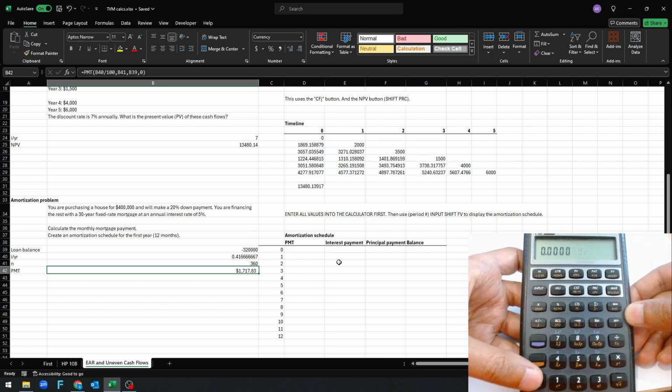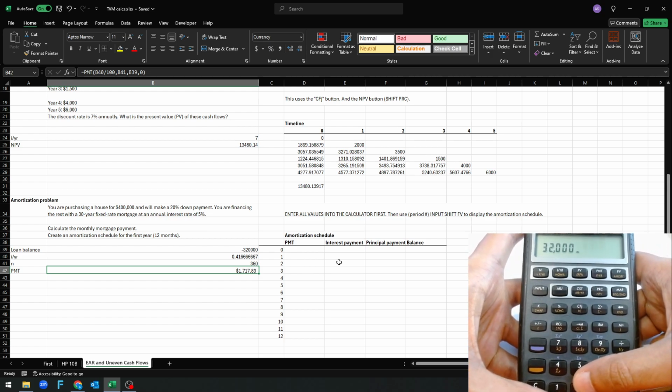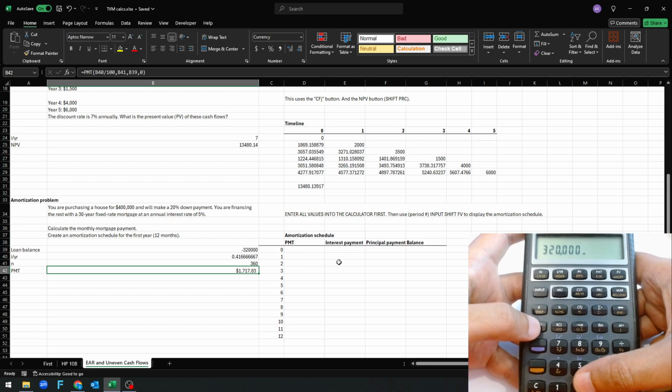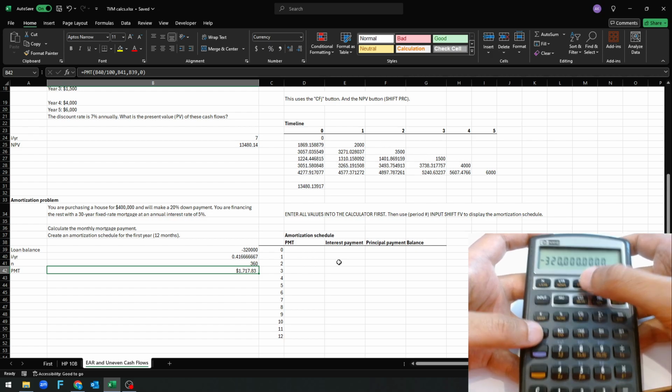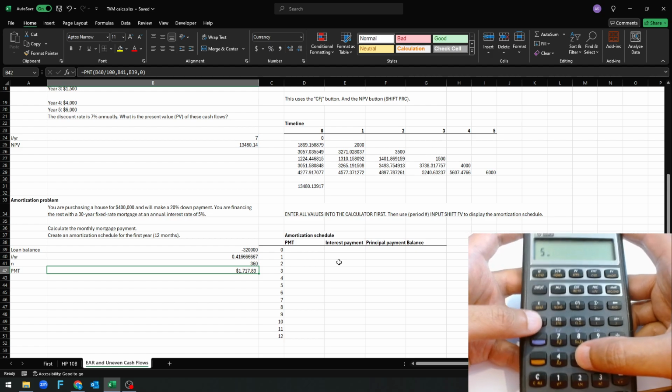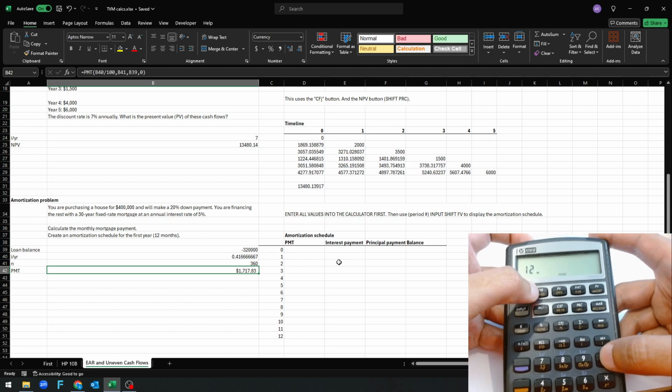Clear the memory first. So 320,000 is the present value. Flip the sign. Store that in PV. Interest per year is going to be 5 divided by 12. Store that in interest per year.